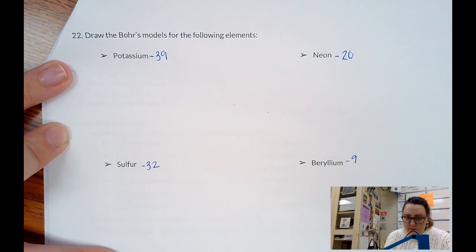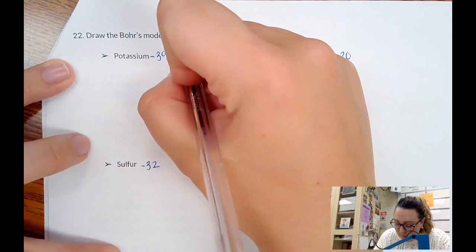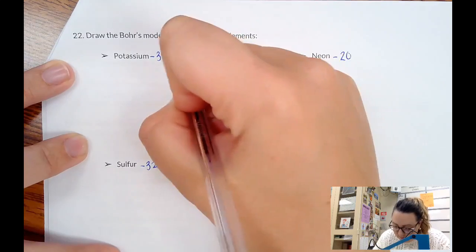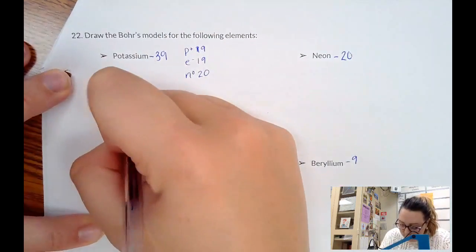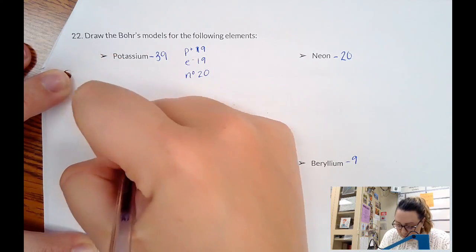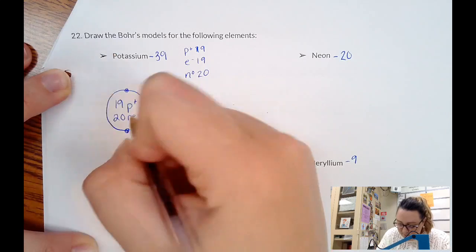Okay, so for potassium 39, we have, let me see, 19 protons, 19 electrons, neutrons. I do 39 minus 19 is 20. So I've got 19 protons, 20 neutrons, and I've got to put on 19 electrons.